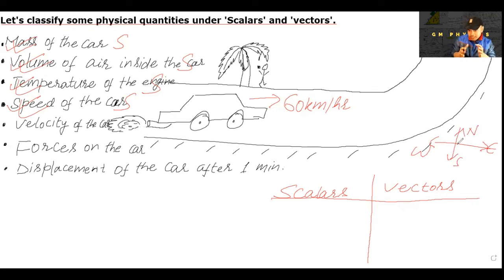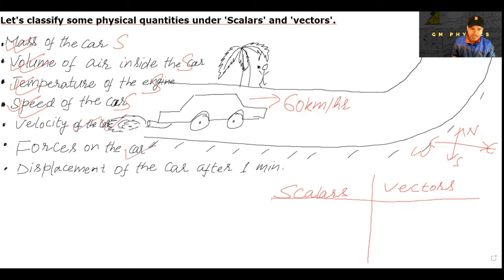So at present, the car is moving at a speed of 60 km per hour, and the direction of motion at present is towards east. So these together make velocity. Means when you talk about velocity, you will say for the car 60 km per hour along east. When you say only 60 km per hour, then it becomes a speed. When you say 60 km per hour along east, then it becomes velocity. So velocity, since it specifies the direction as well, it becomes a vector quantity. So here we'll write vector, right?